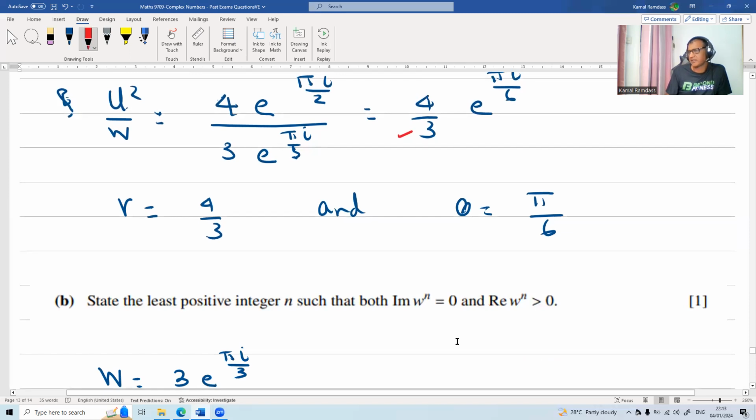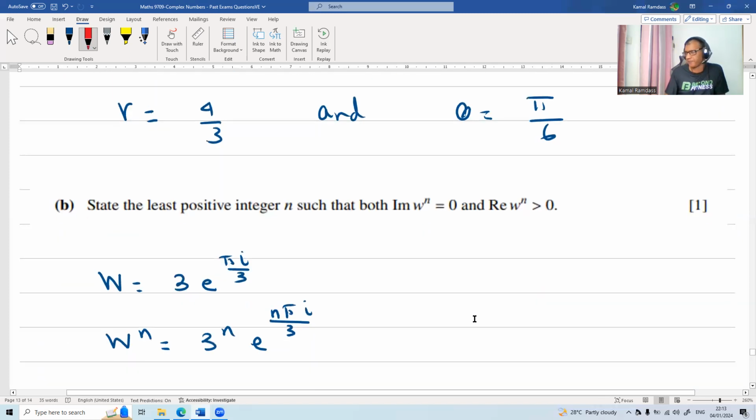Maintenant, state the least positive integer n such that both imaginary de w to the power of n is equal to 0, and real value de w to the power of n greater than 0. Bon, w is equal to 3e à la puissance de pi i divided by 3. w to the power of n is equal to 3 to the n e à la puissance de n pi i by 3.